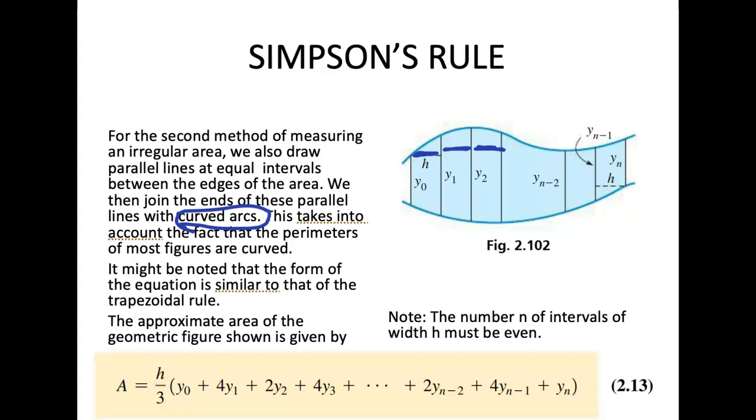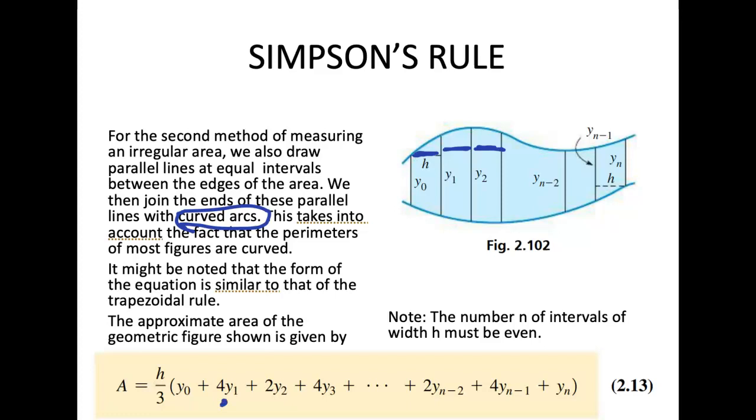Now, the formula for this one looks a little different. Notice that the area is whatever the value of h is divided by 3. And then we have y sub 0, our first measurement right here. And then for y sub 1, we multiply it by 4, whatever that length is.